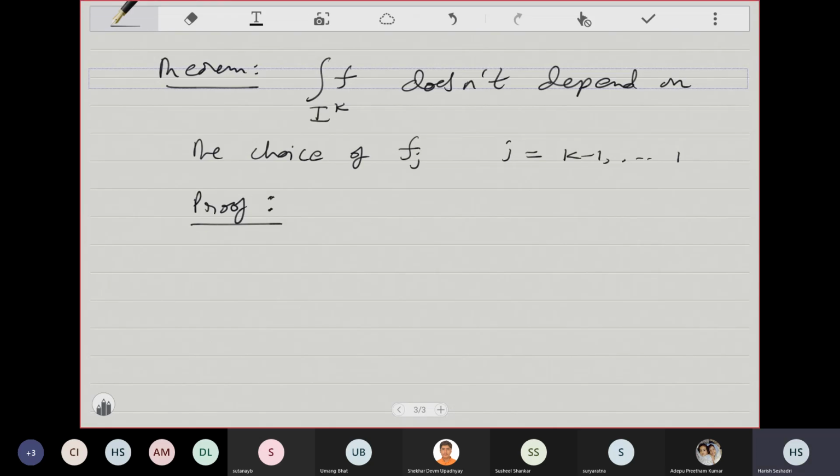If you look at other texts, say Apostol, or there are so many basic texts in real analysis, they don't do it this way. What they do is they just carry over the one variable construction.